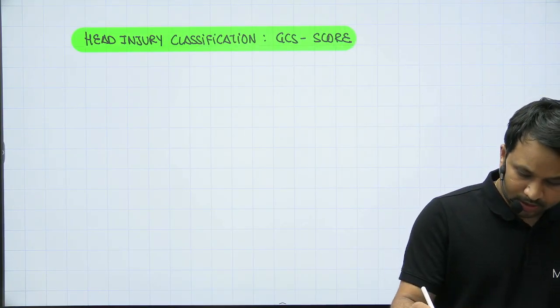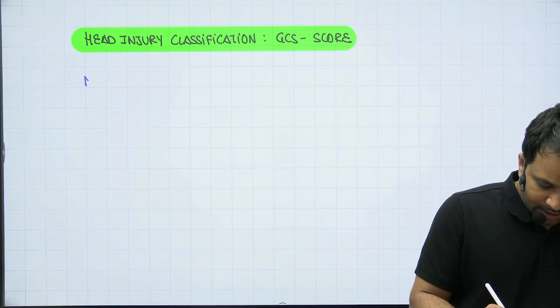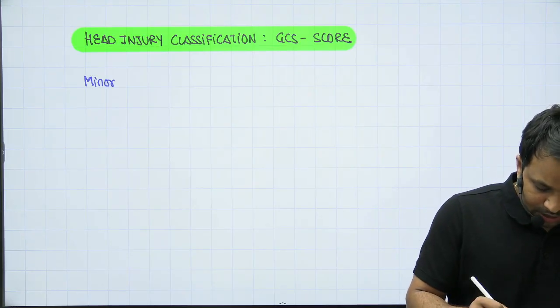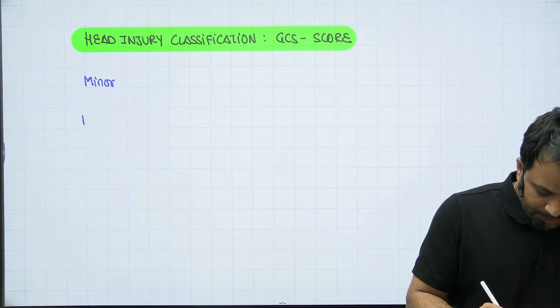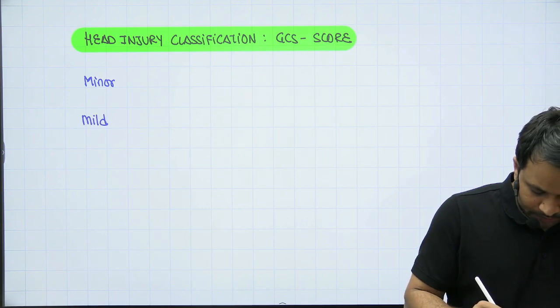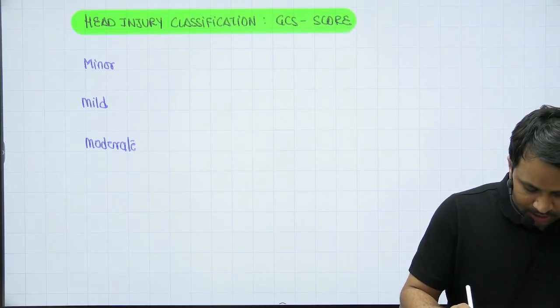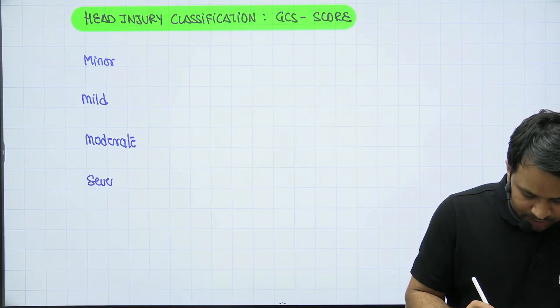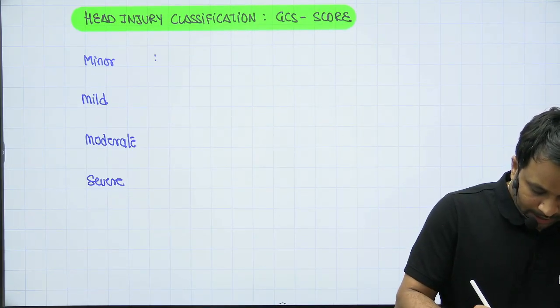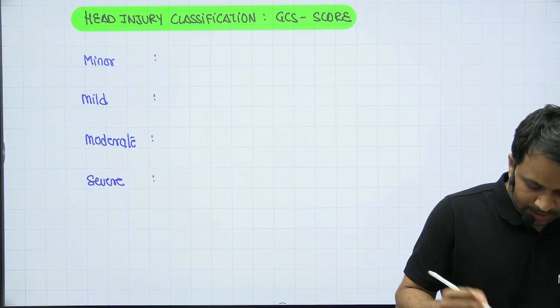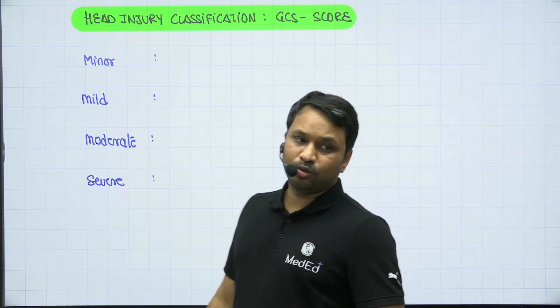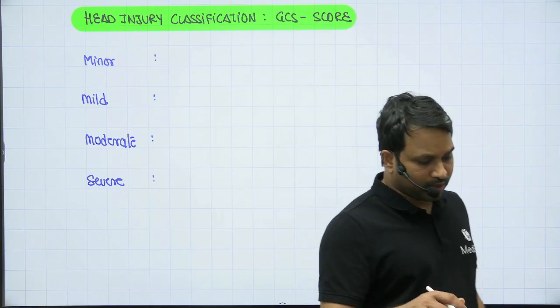Based upon this, I can categorize the head injury into minor, mild, moderate, and severe.